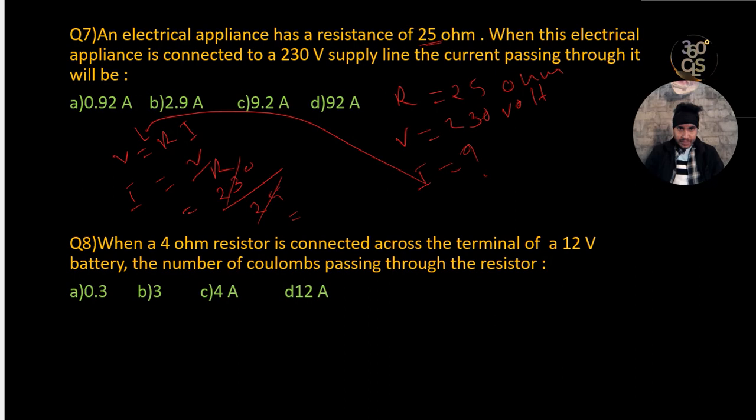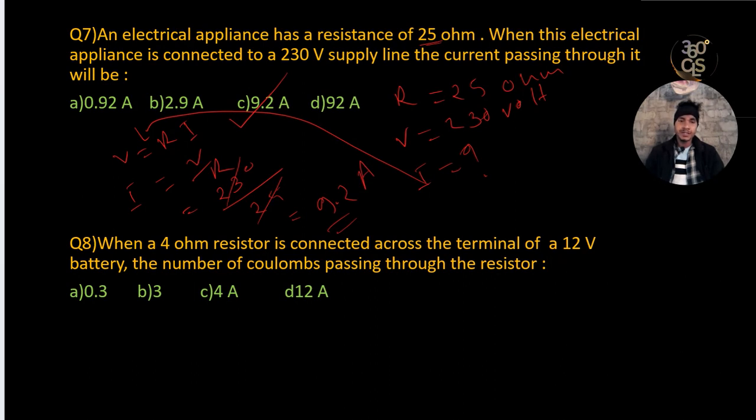By solving this we will get 9.2 ampere. So the correct answer is 9.2 ampere, that is option C.